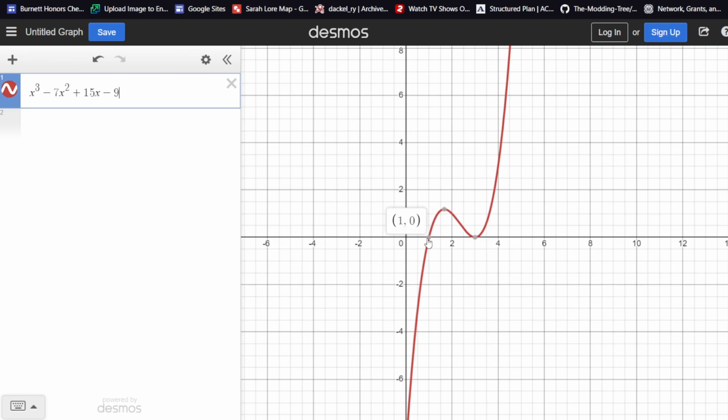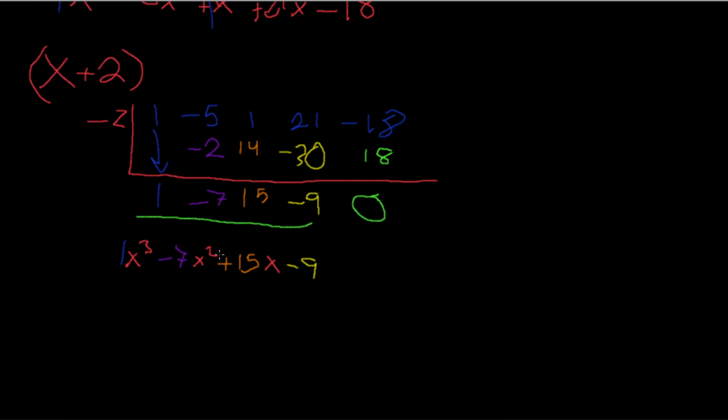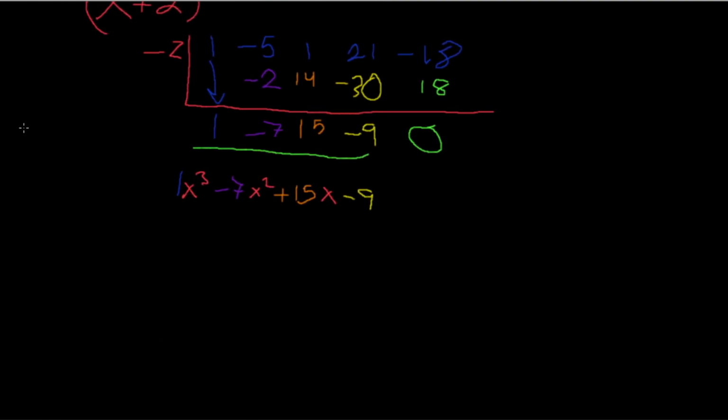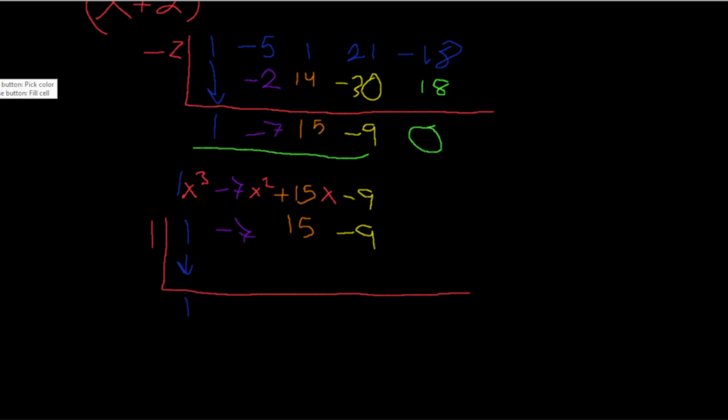Now we pick another zero, in this case 1, and do the same thing. So we do our synthetic division with 1 this time. We have 1, negative 7, 15, and negative 9. Just like before, bring the first one down, 1, and then multiply by the 1 and put the result there, which in this case is just 1, so we get negative 6.